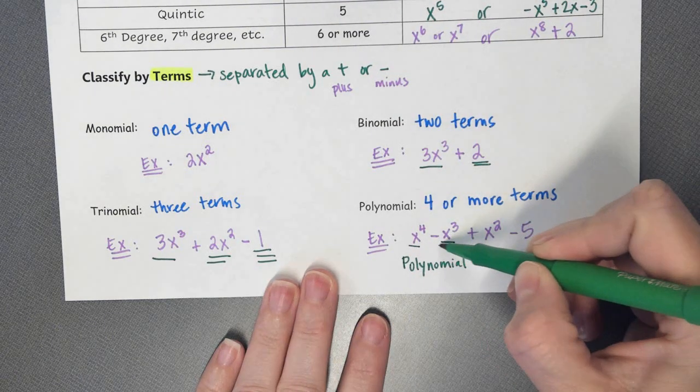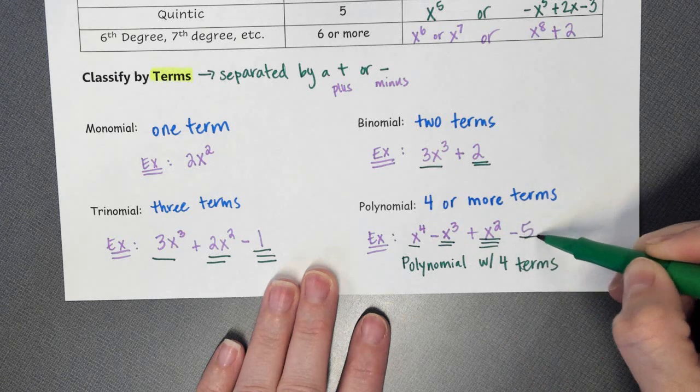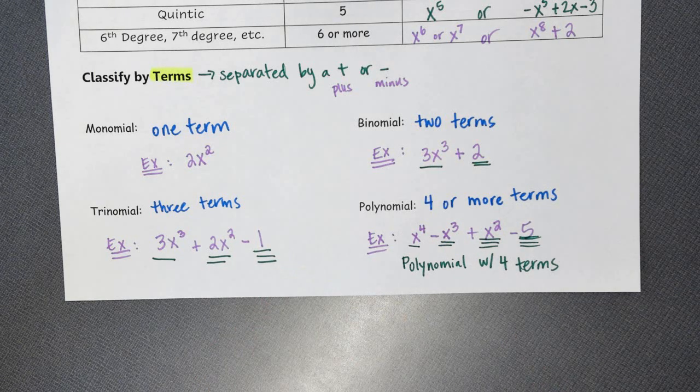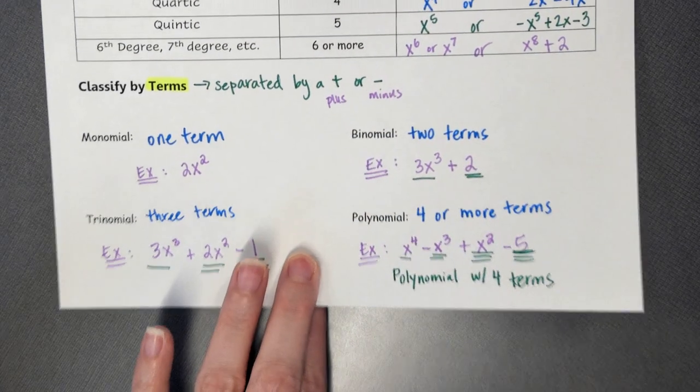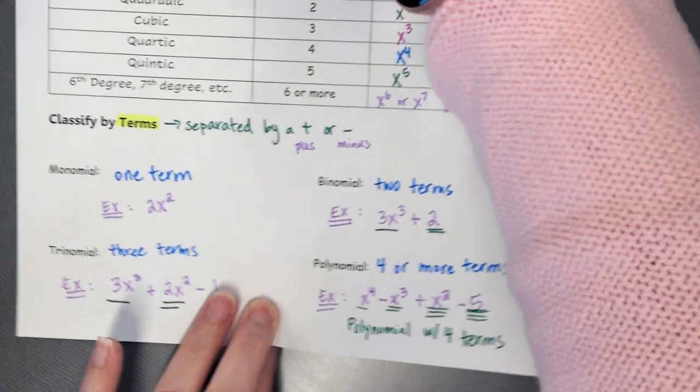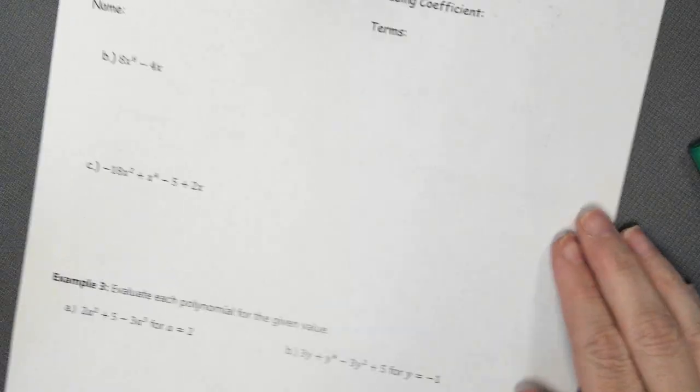So you have 1, 2, 3, 4. Alright, and then we're going to turn it over for the example that we're doing today.